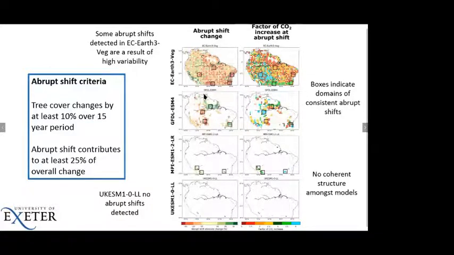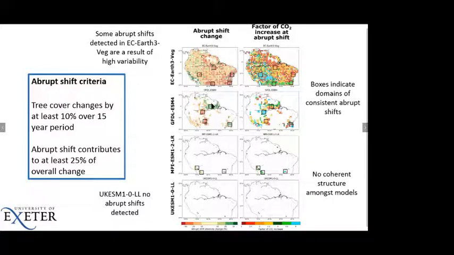So I've put some boxes on these maps to identify regions of interest where either there's a significant change resulting from the abrupt shift, and/or the abrupt shift happens at roughly the same time. Again, this right column is indicating the factor of CO2 increase at which the abrupt shift occurs. You can see a lot of these ones here, for example, occur at 2 times CO2.